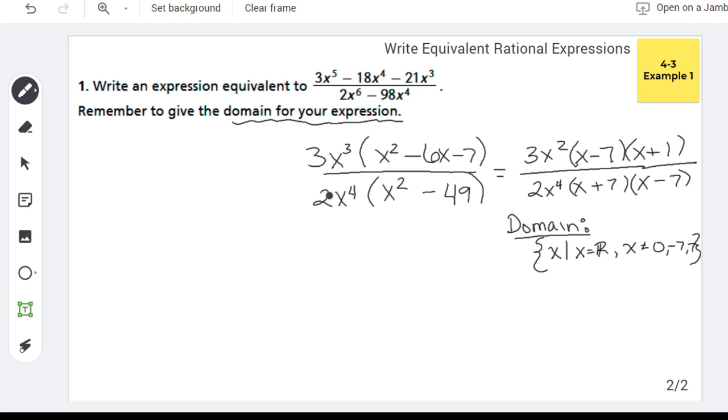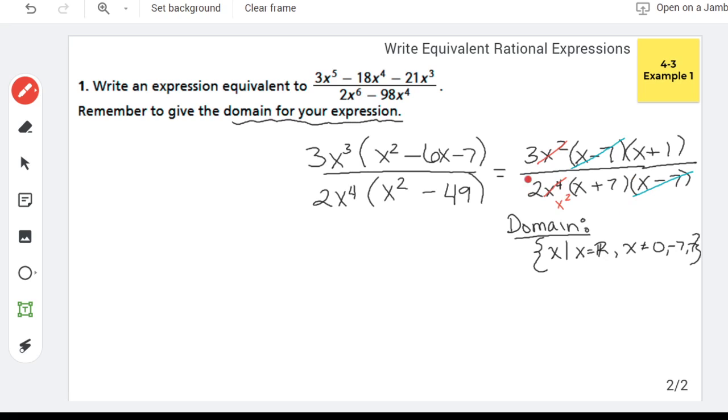Alright, so now we're going to start simplifying the expression. So if I want to simplify, right, I have an x minus 7 in both the numerator and denominator. And here with the x to an exponent, I can get rid of an x squared, but that only takes 2 out of that 4, so make sure you still have an x squared down here.